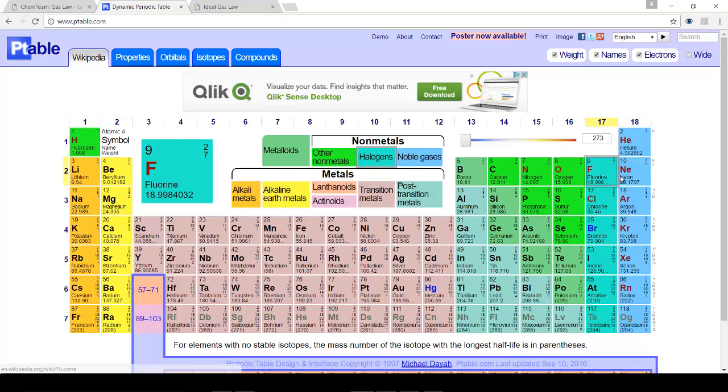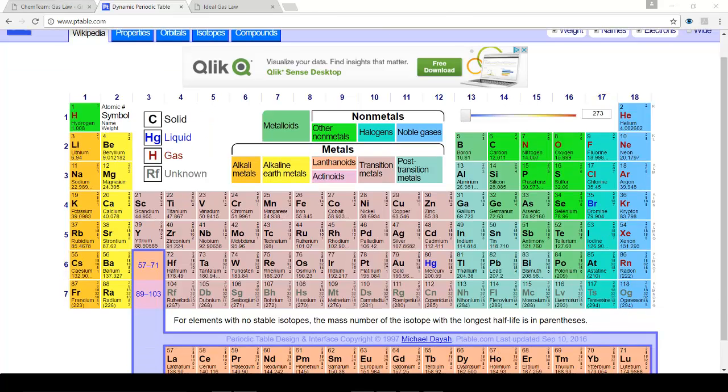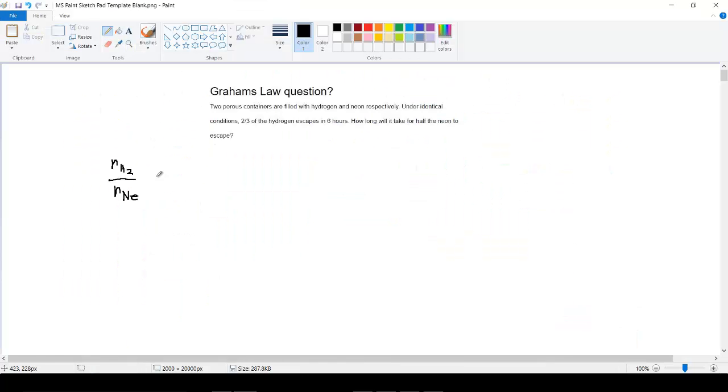Neon, on the other hand, is a noble gas, so it has 8 valence electrons already. It doesn't want to interact with other gases, not even itself. So it's going to tend to just stay in its elemental form, which is completely uncombined. So it will just be Ne.